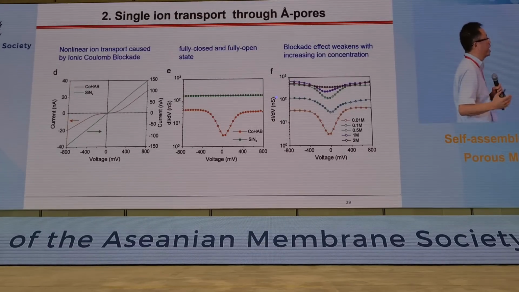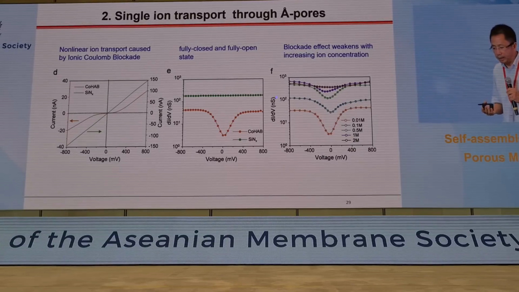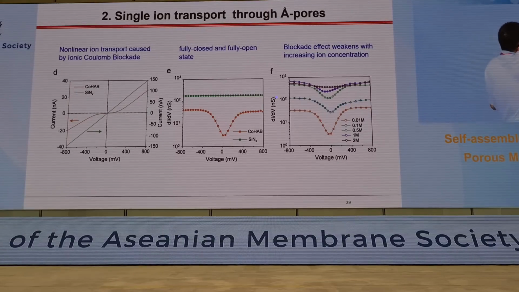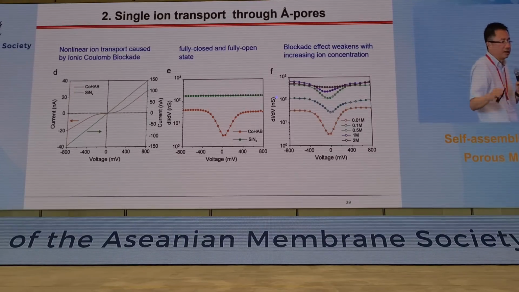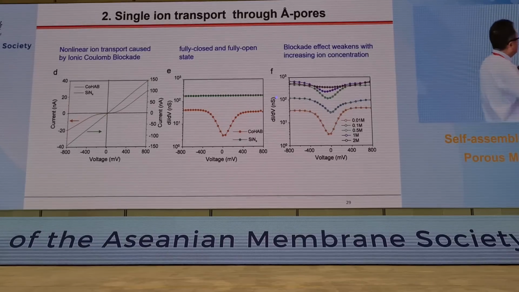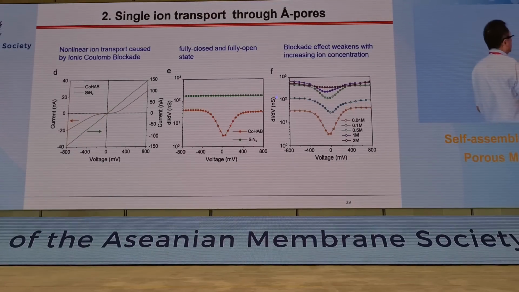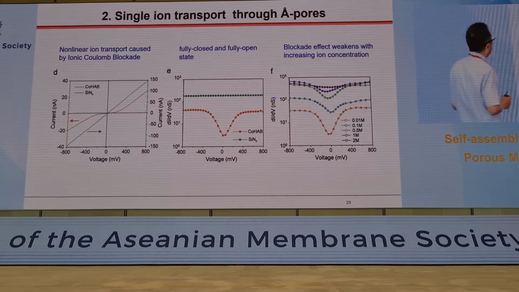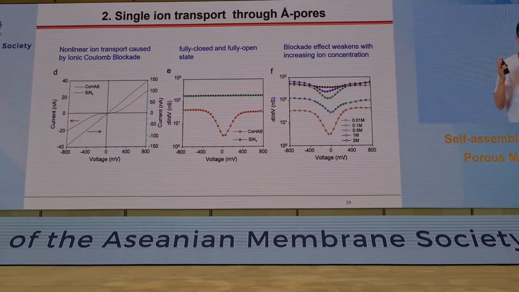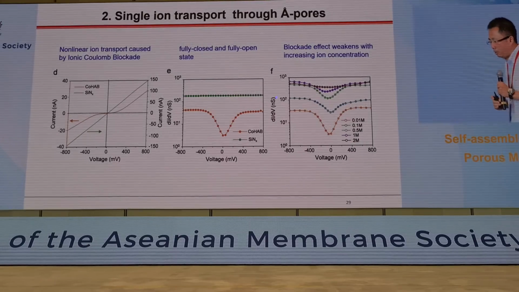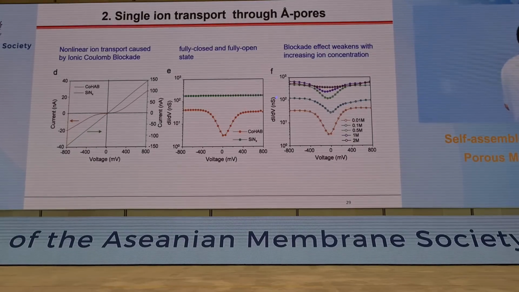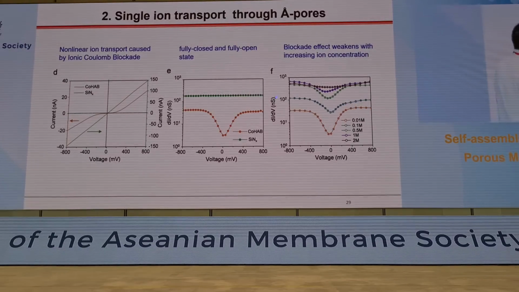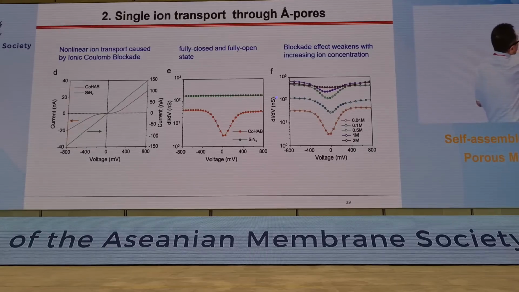So we further changed the voltage. We can see that at low voltage, all these pores are closed. As the left figure shows, the conductance is very low. When we increase the voltage, the pore will open, so we get a largely increased conductance. This is a typical nonlinear effect. More importantly, we also can see that at the high conductance state, we obtained a conductance ratio.